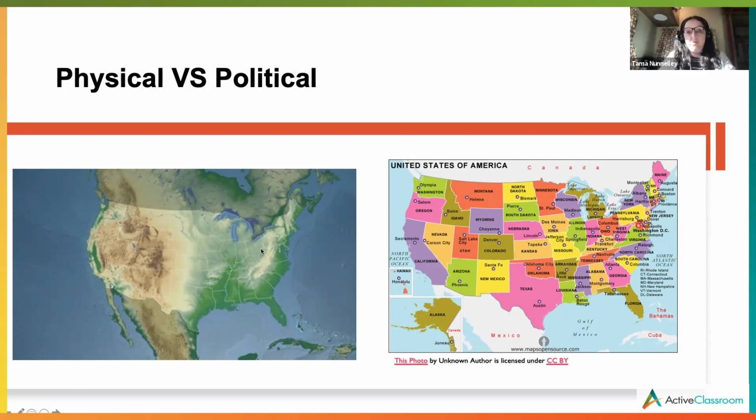Why would there be more people living along the East Coast than the West Coast? You can't just tell that from a political map, but looking at the physical map is something that they can easily dissect.